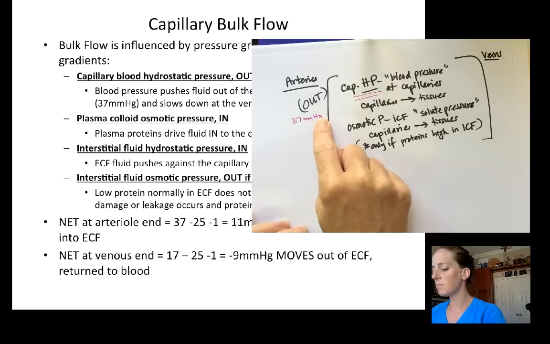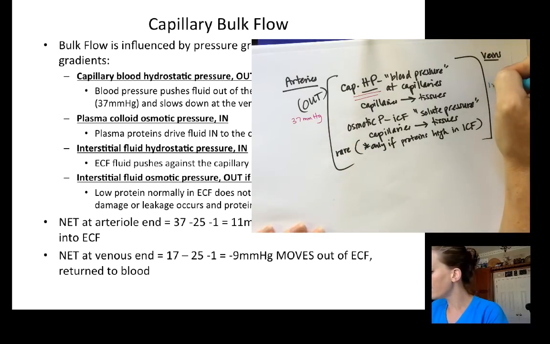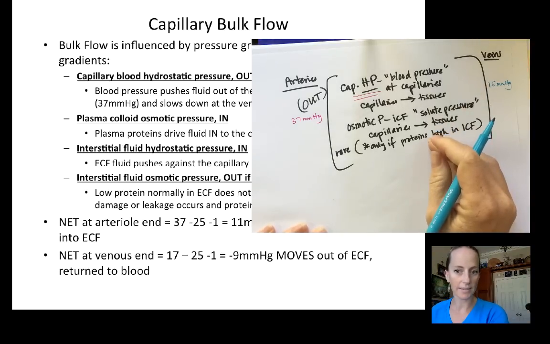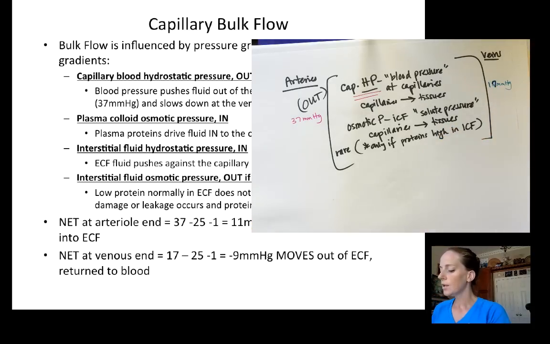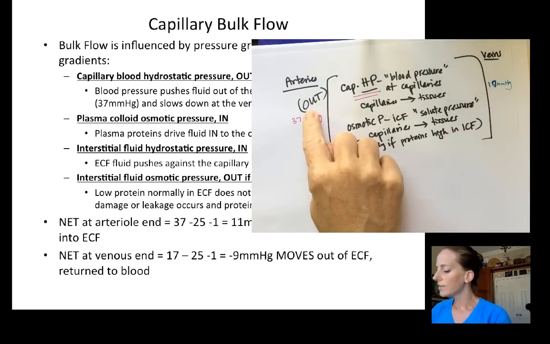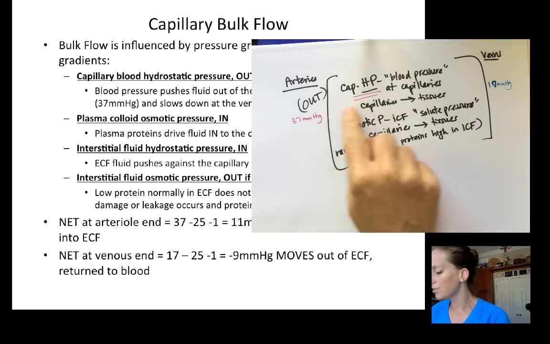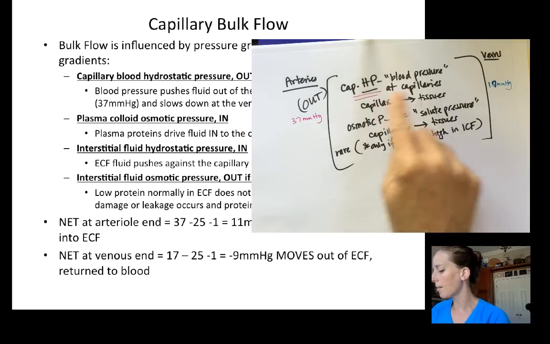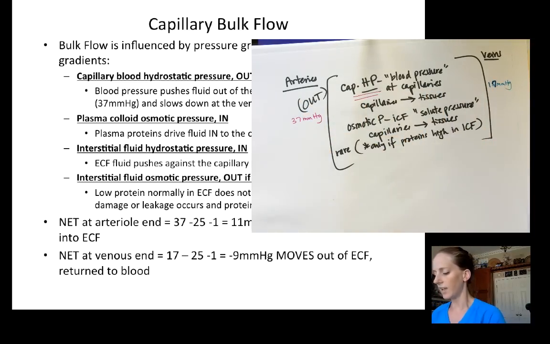It's about 37 millimeters of mercury at the arterial end and only about 17 millimeters of mercury at the venous end. So there's capillary blood pressure that is going to drive fluid from the capillaries to the tissues, and it is higher at the arterial end than at the venous end.